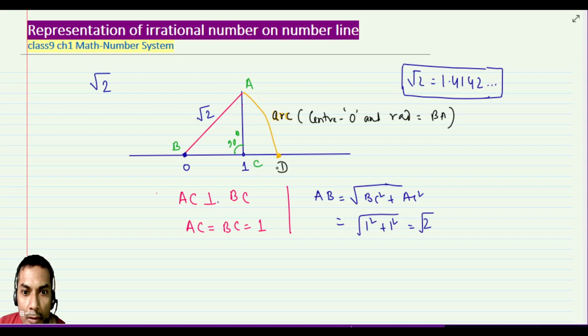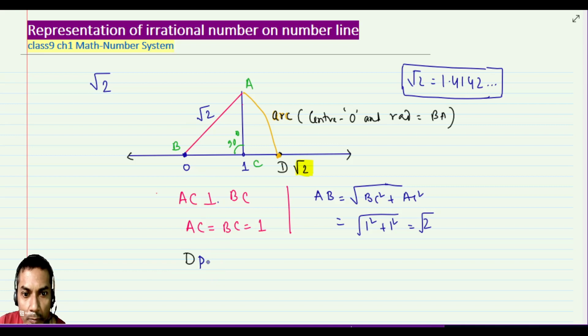So this point D represents, on this number line, the root 2. Clear? D represents root 2.